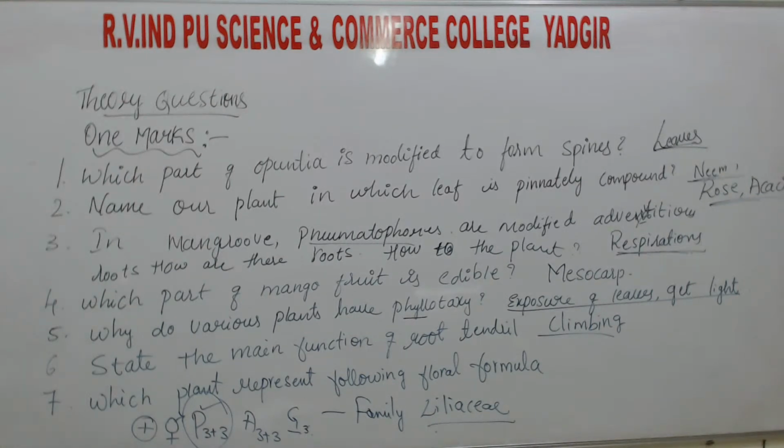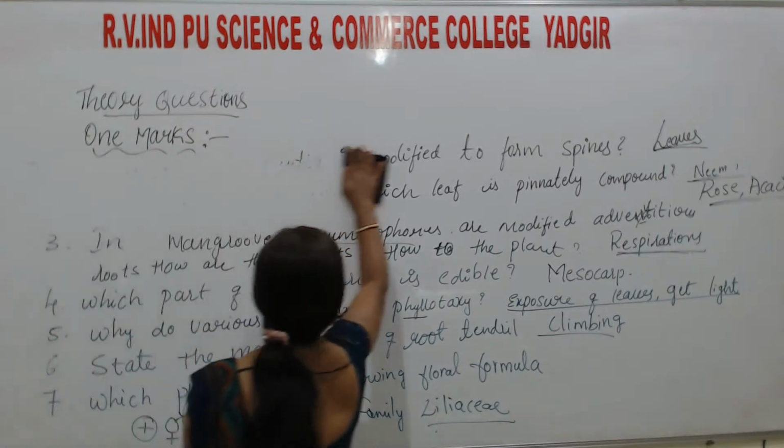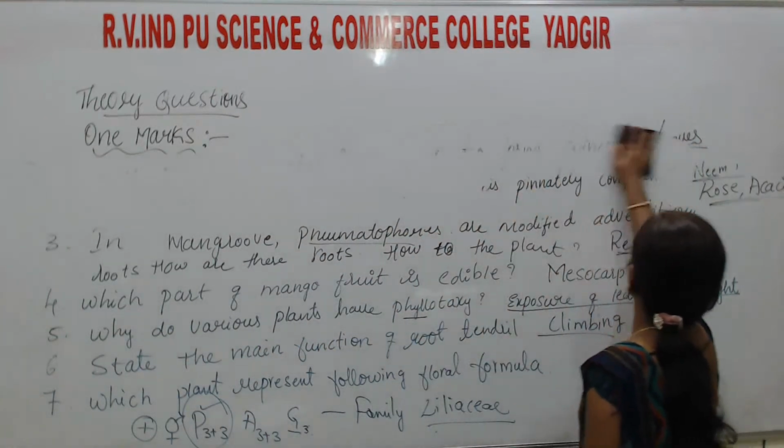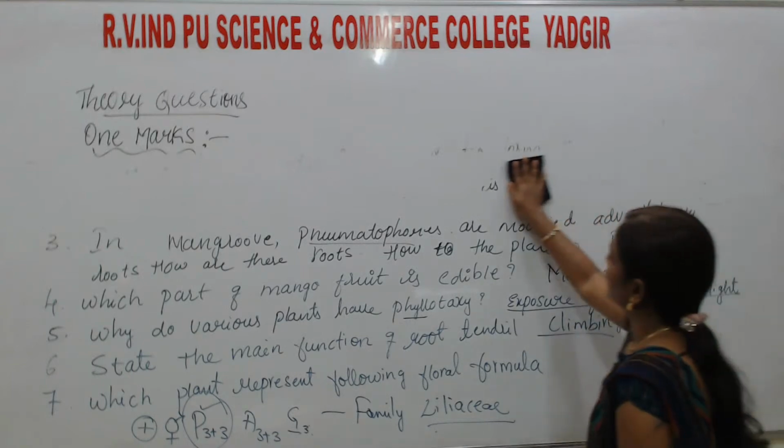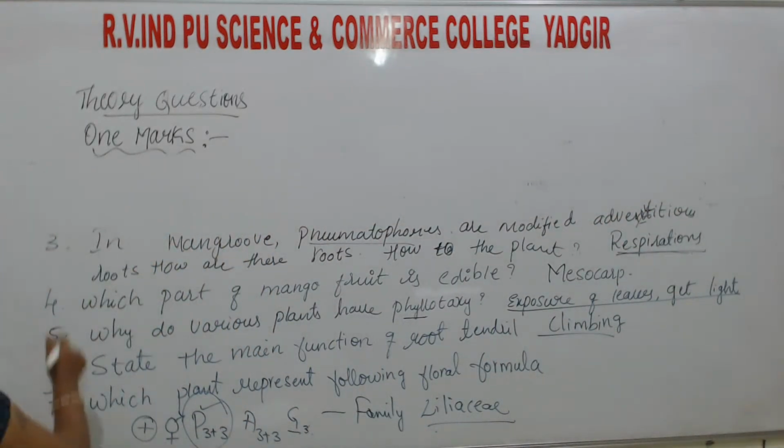Next question. Which type of venation do you observe in a dicot leaf? Eighth question.